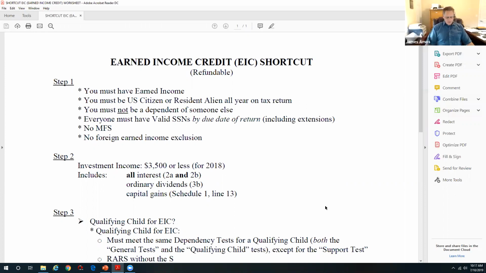Okay, so we've never talked about this, and we're not going to beyond this, but foreign earned income exclusion, what does that mean? That means that you or someone in the family, like you or your spouse, has earned foreign income, and for some reason it's able to be excluded. Now, I'm not going to get into the reasons why, but I'm going to give you one example where you might run into this. Every year I do some tax returns for people that are serving in a support role with the military. They're not in the military.